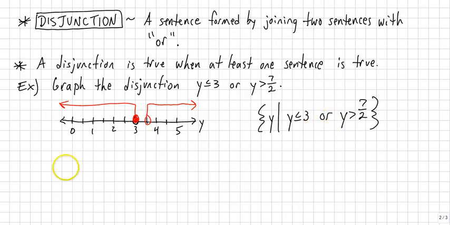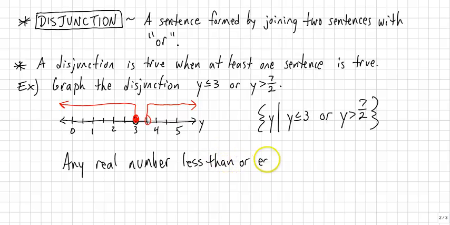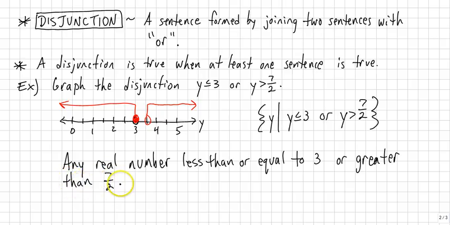So verbally, this would be any real number less than or equal to 3, or greater than 7 halves.